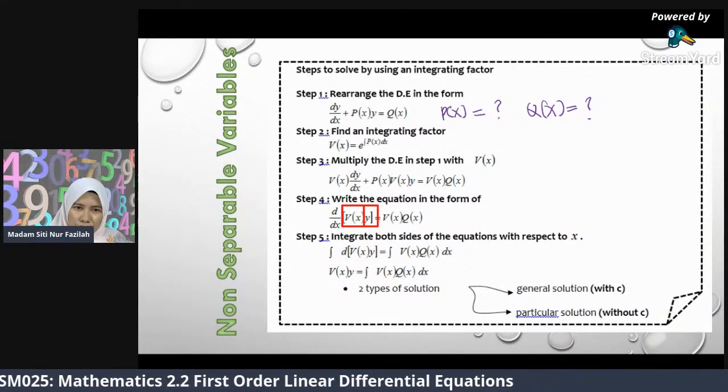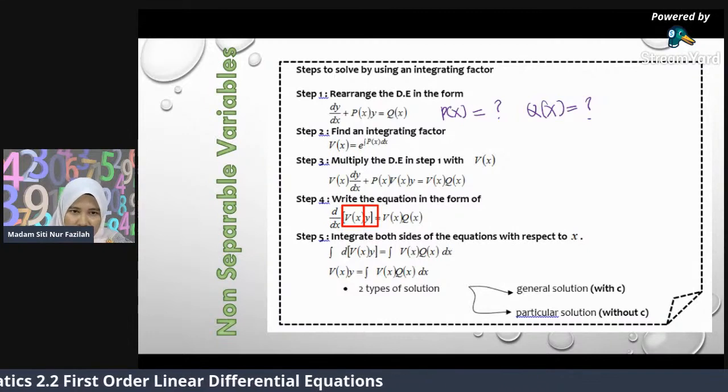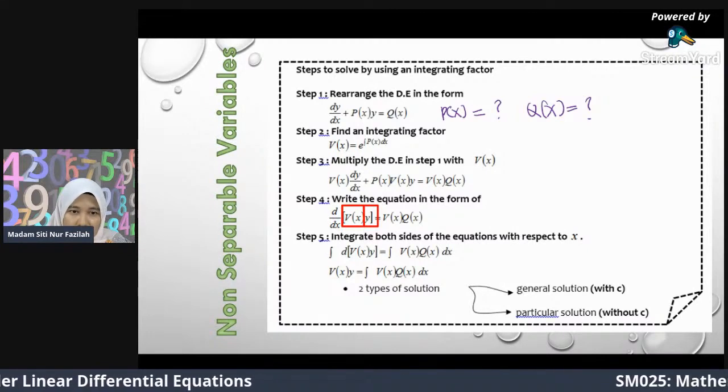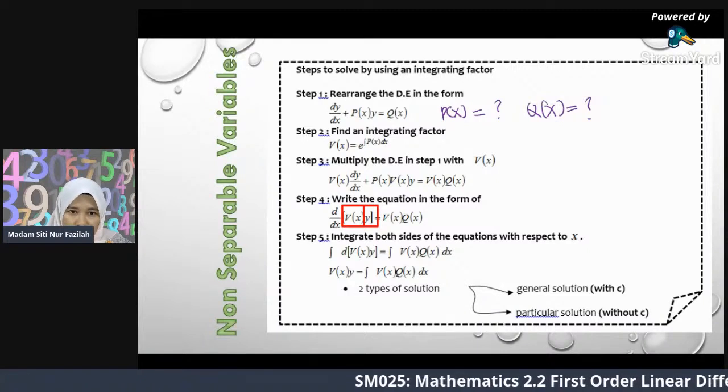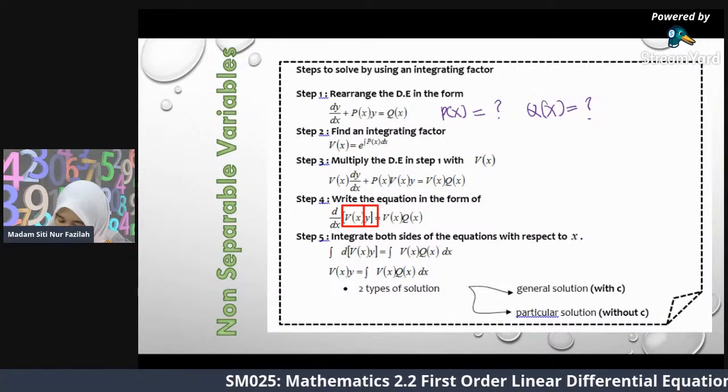Actually we know that the expression in the box is V(x)y, so we must write down d over dx of V(x)y.